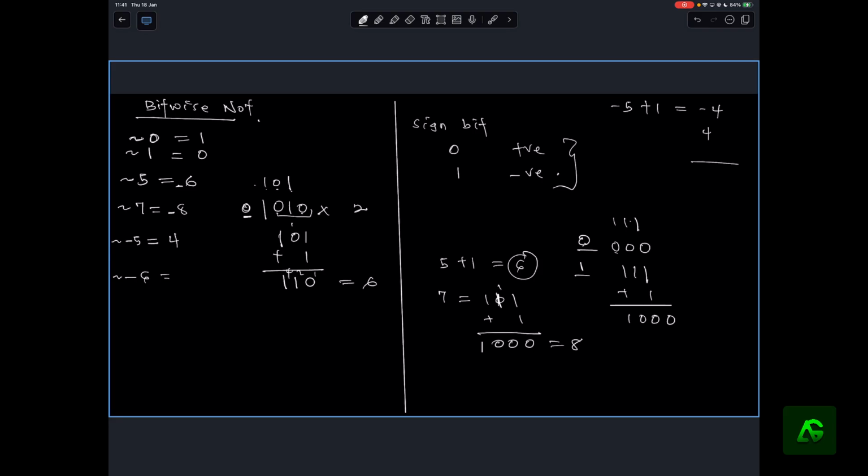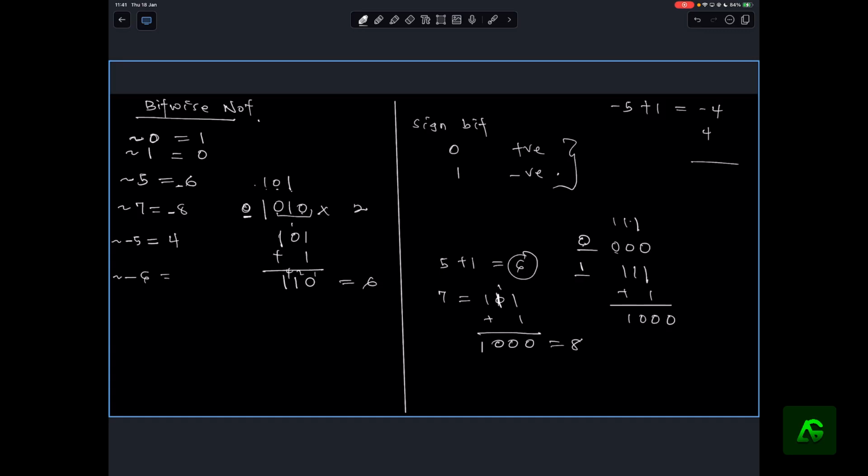We just add 1. That's all, whether it's one's complement or two's complement. But if you want to take it to the flipping part, you must know how it works. If it is positive, you flip to negative.